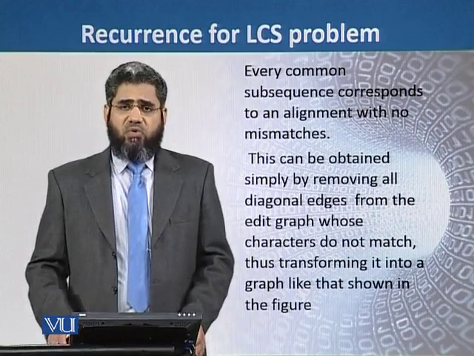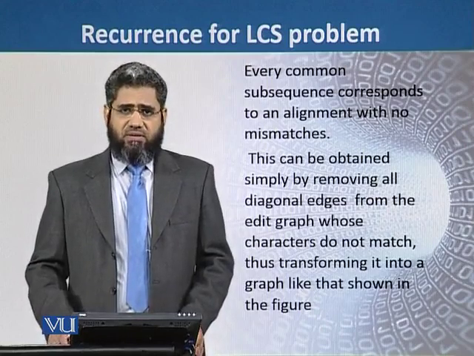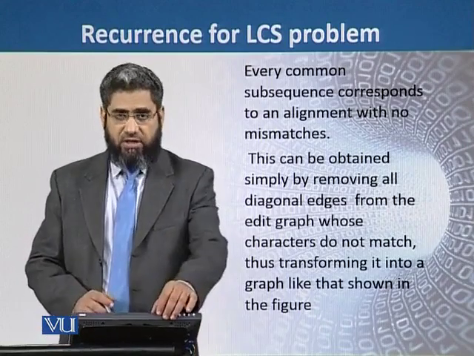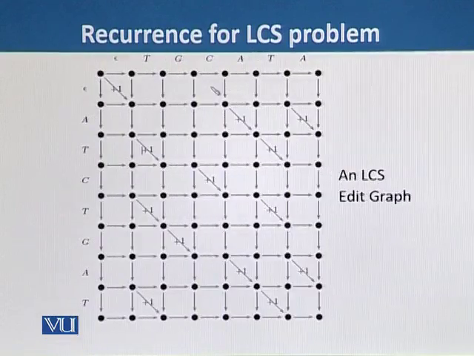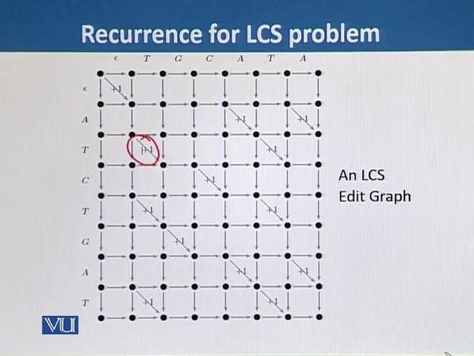After removing the diagonals, we will get a specific figure that we will see in the next slide. So we will get this type of graph, and we can see here that we have retained only those diagonals. For example, if we consider this diagonal and look at its position, we can see that at both positions T is present.